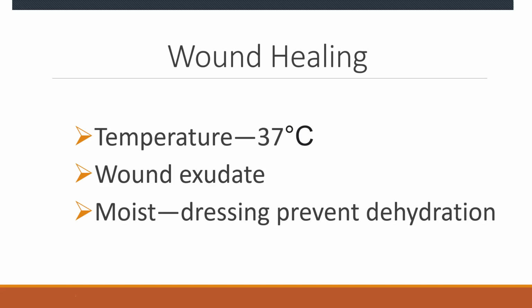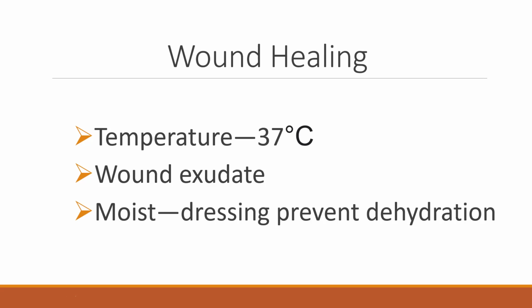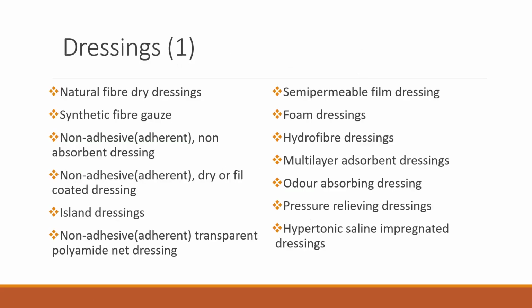That dressing can keep the moisture there, but not too much, and also not too dry. Because we know when we saw the picture, too dry, no good. Too moist, definitely no good too. So the selection of the dressing is important.